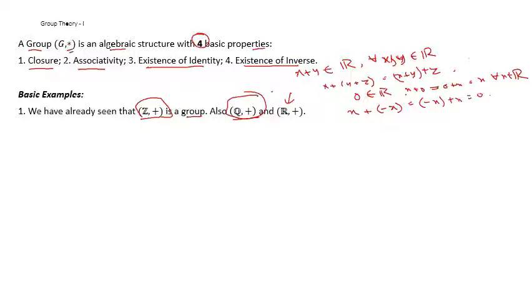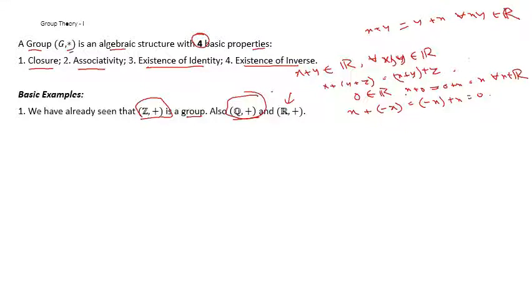So minus x is the inverse of x. So Z plus, Q plus, R plus are all groups, and we can also say that they are all abelian groups because x plus y equal to y plus x for all x, y belongs to R.